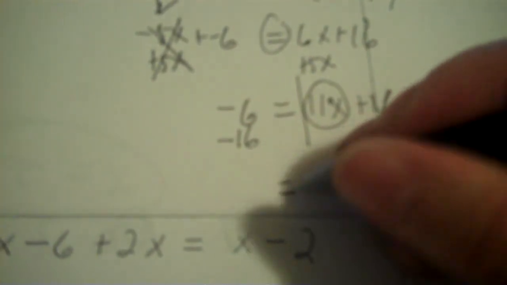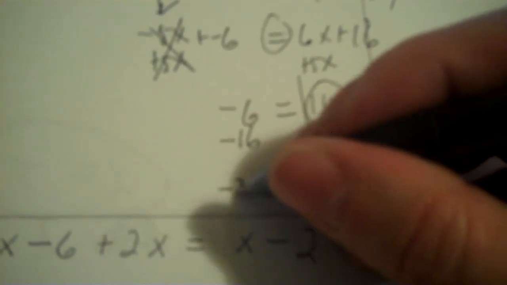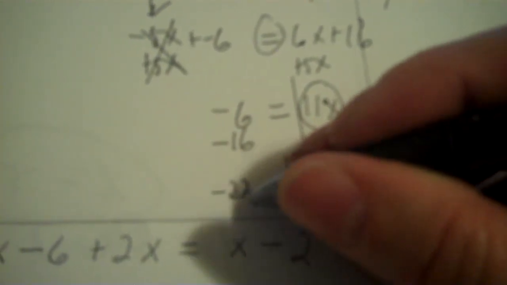Now the x is here with a times 11 and a plus 16. The 16's got to go, okay? You would subtract 16 over here. Line up the equals. Negative 6 minus 16 is negative 22. 11 times x. Divide by 11, divide by 11, and x equals negative 2.